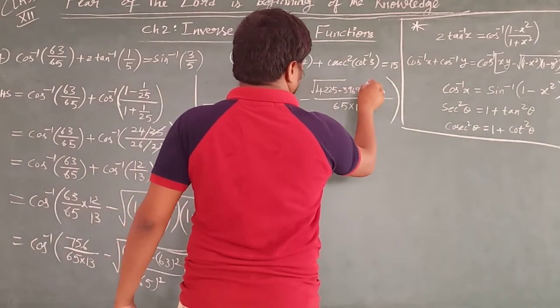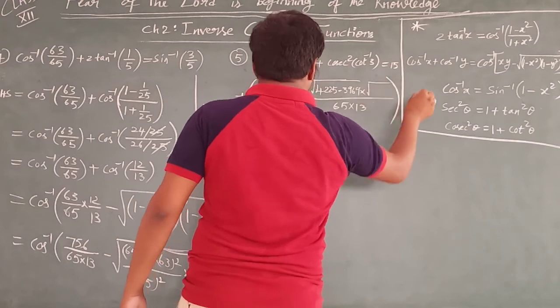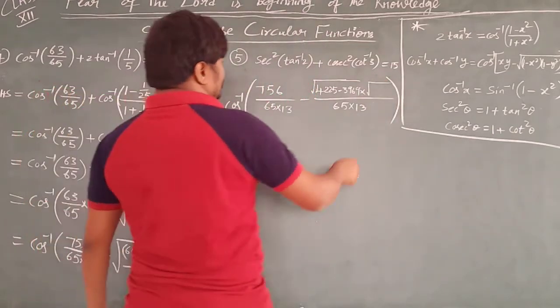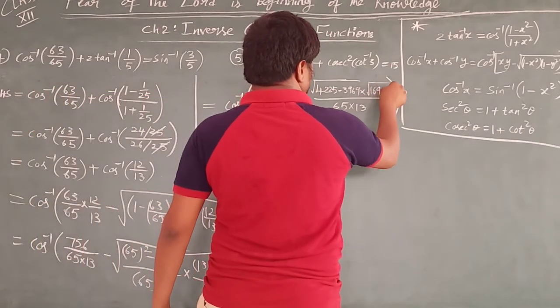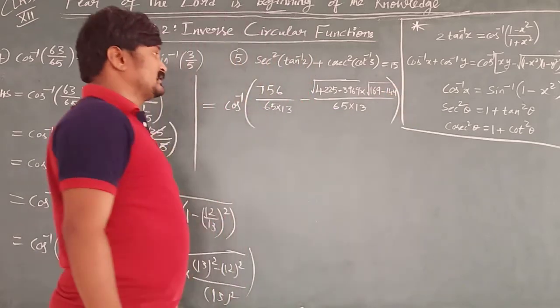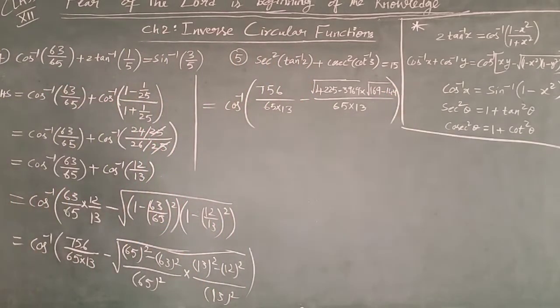This is square root, into square root of 13 square, that is 169 minus 144. Now let's simplify this.